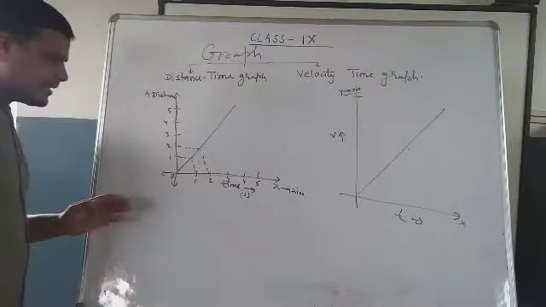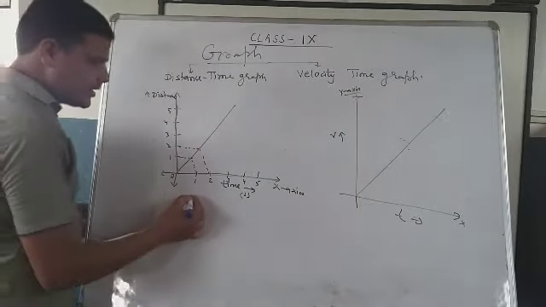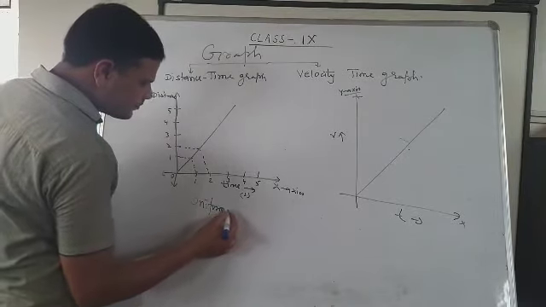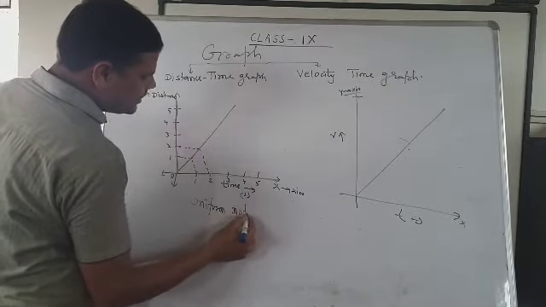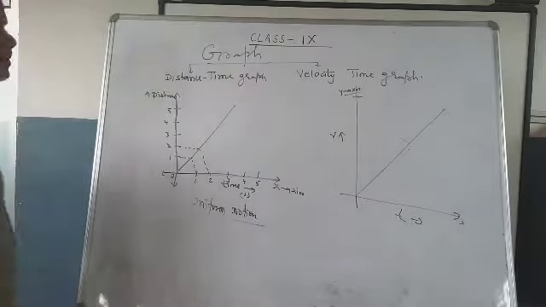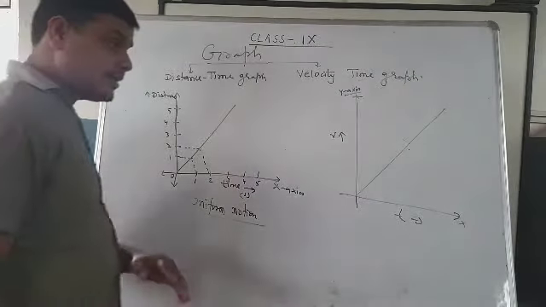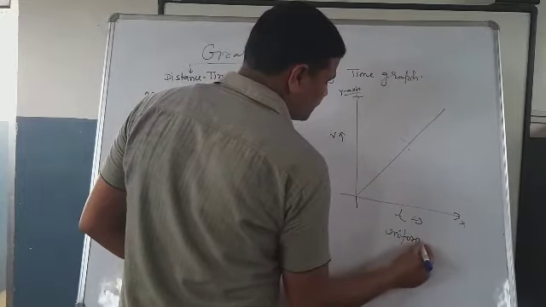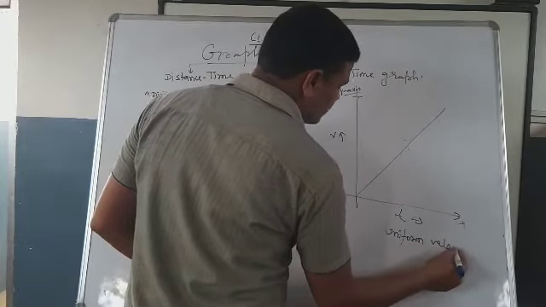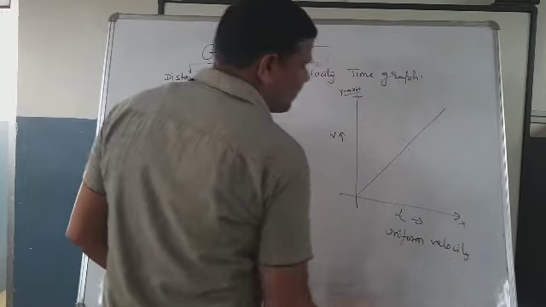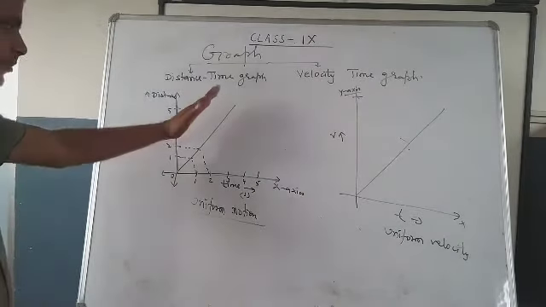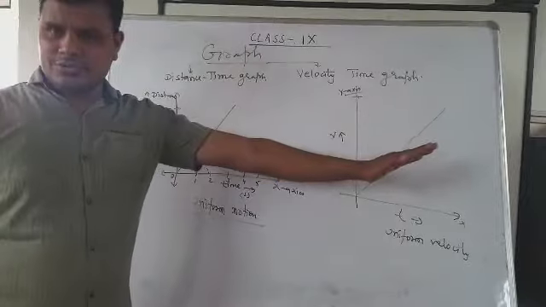Like that, we are getting a straight line. This is a uniform motion. Here it is a uniform velocity.